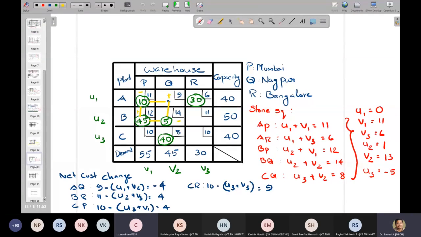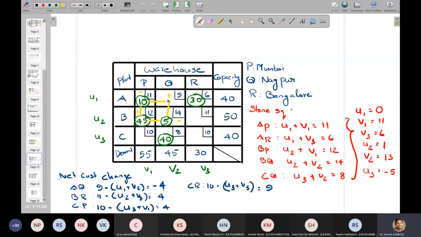BP 50. BQ 0. Then AQ 5. This 30 won't change, it is not in the loop. It remains as it is.